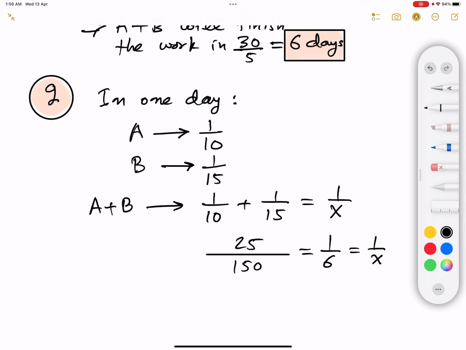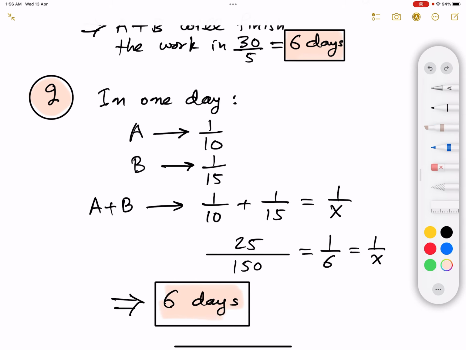So if A and B work together, they would finish 1/6 of the work in one day. So it would take them 6 days to finish the whole work. The answer again is 6 days. This is also a little bit intuitive and simple.